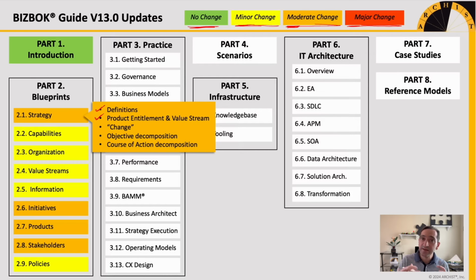The fact that through the delivery of the value in value streams, we also deliver the product entitlements, and that relates to the customer services around delivery of a product, and also a topic that we'll cover in the product mapping. There's also an emphasis on the concept of change, which is quite important, especially in the strategy mapping.